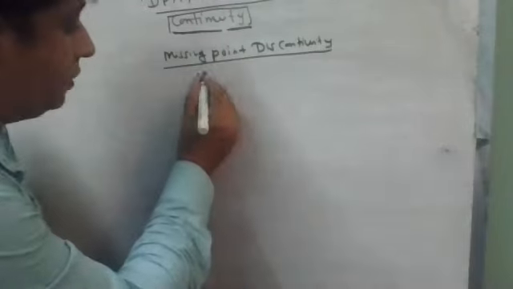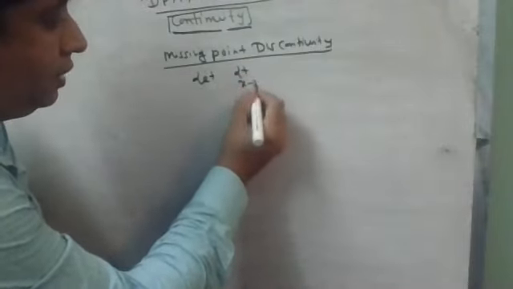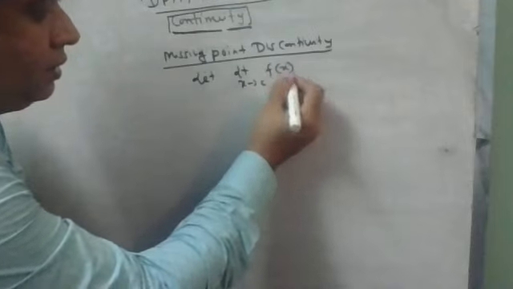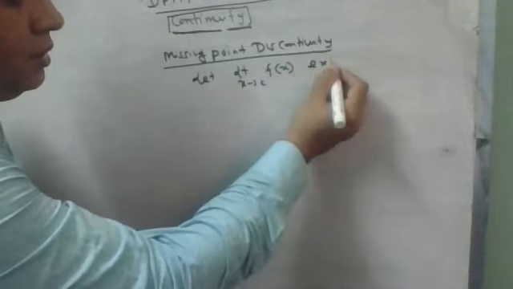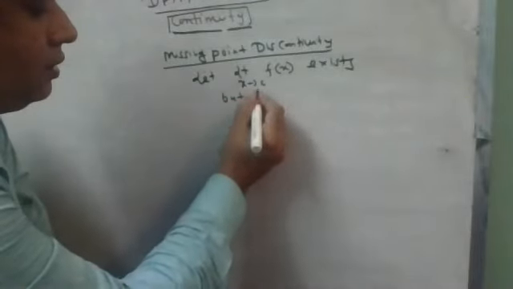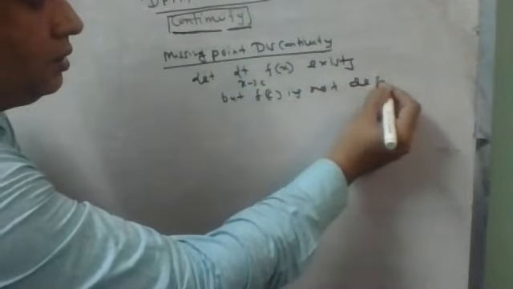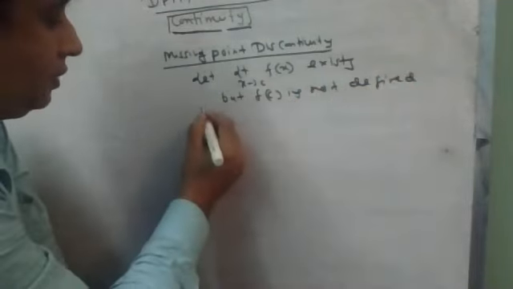Now, what is missing point discontinuity? Let limit x tends to c f(x) exist, but f(c) is not defined.